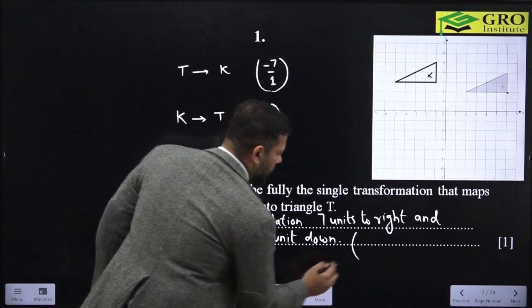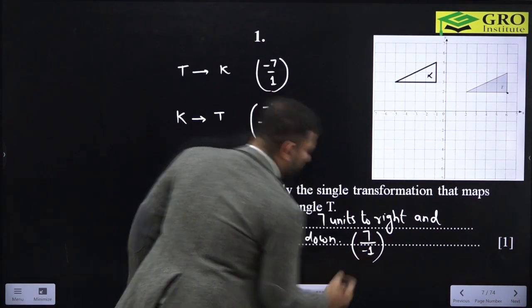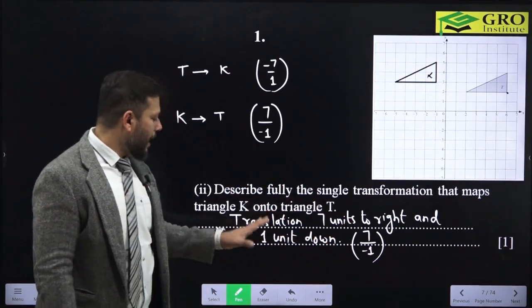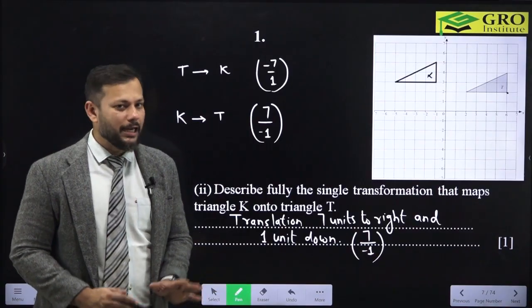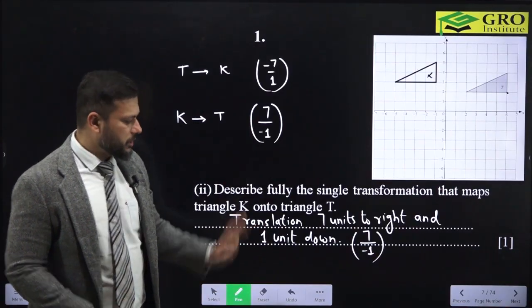So the column vector was +7 by -1. This is the single transformation that maps triangle K onto triangle T. I hope I am being clear over here and you have understood this part. This is only a 1 mark question, so this much is enough.